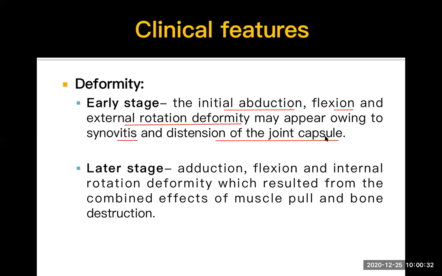Till now, the serious damage or destruction of the joint has not been done. So this type of deformity occurs. But later on, there will be adduction, flexion, and internal rotation, just like posterior dislocation of the hip. The similar type of deformity occurs there also. So you have to remember like that.